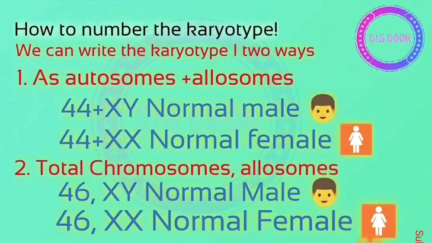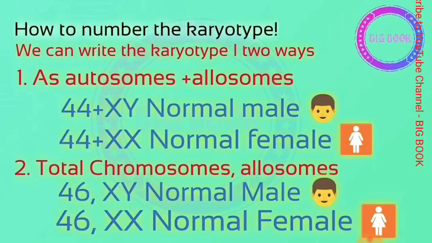So this is one way of writing the karyotype, and the other way is total chromosomes and the sex of the individual. Total chromosomes means the number of total chromosomes of the individual will be given, that is all the autosomes and the allosomes will be included, the complete ploidy, that is 46, the total chromosomes of the human being, including the autosomes and sex chromosomes.